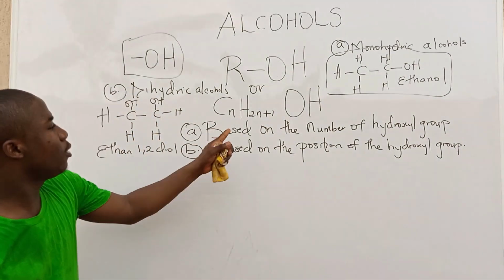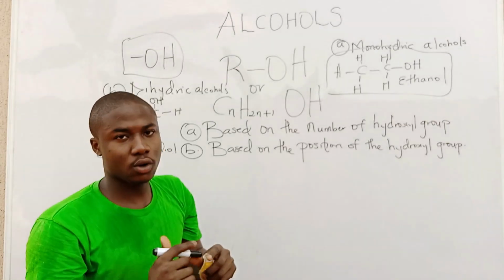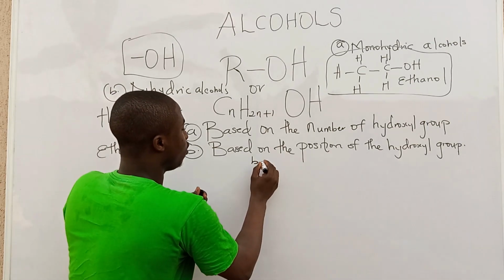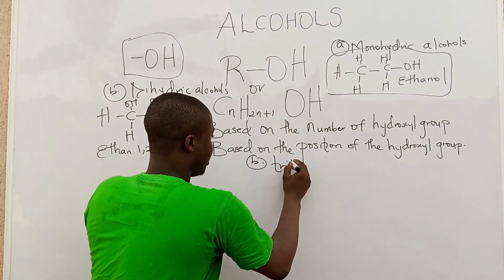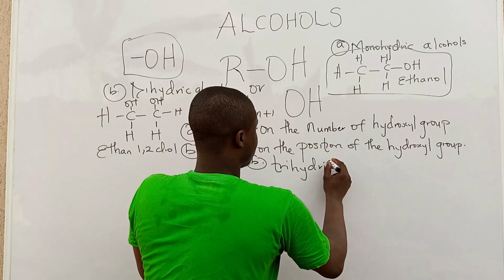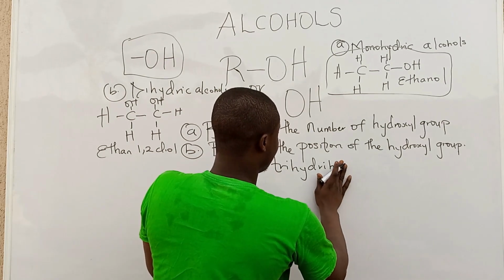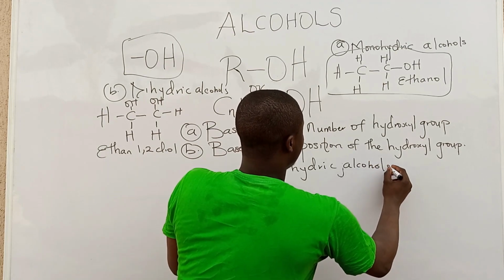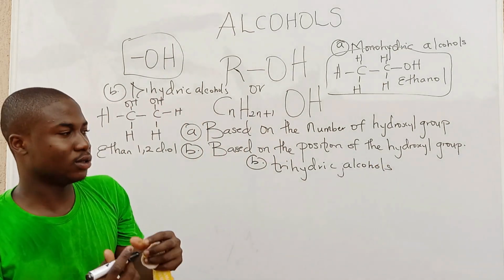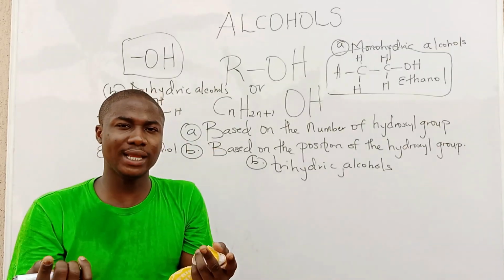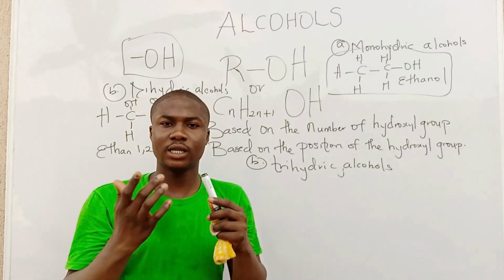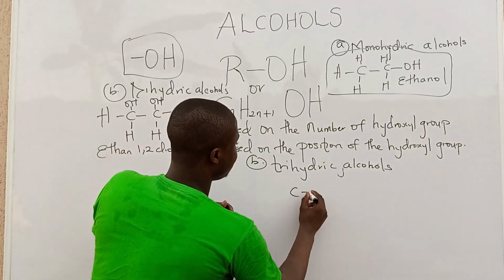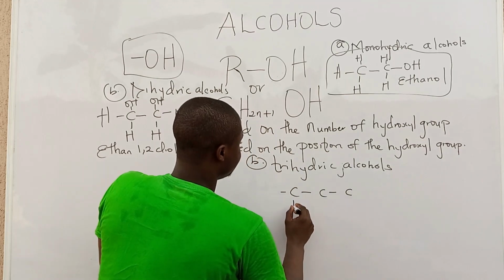Now talking more about classification based on number of hydroxyl groups, we have the third one, which is the trihydric alcohols. These are simply alcohols with three OH in their compound. Basically, this is the example.